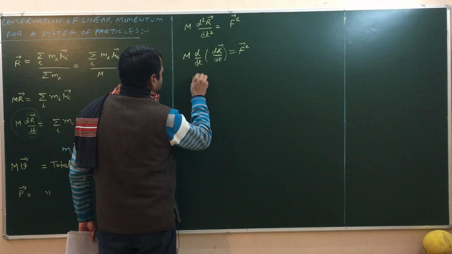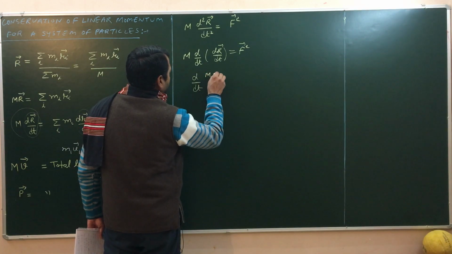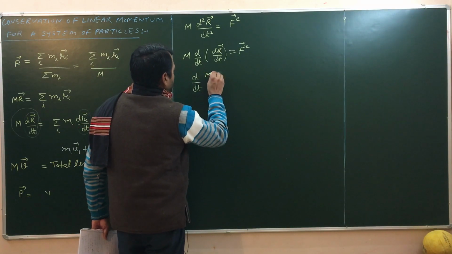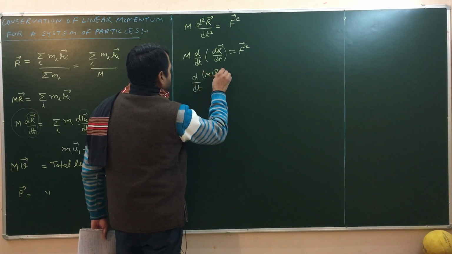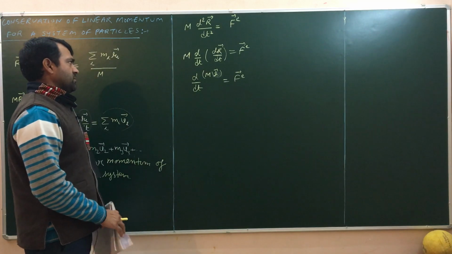This can also be written as d by dt of m v vector equals our external force.